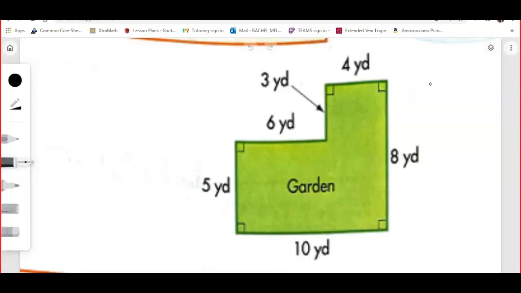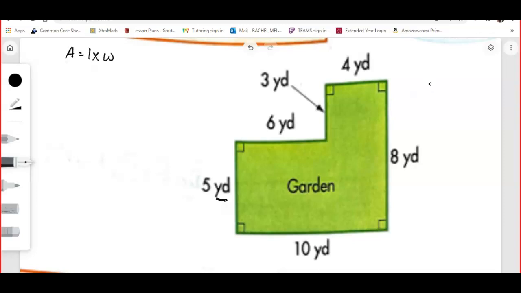On this one, we have a garden that has a bunch of different measurements on it. And I can see that my unit of measure this time is yards. So again, area equals length times width.